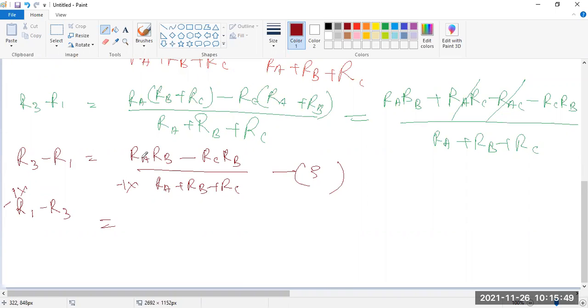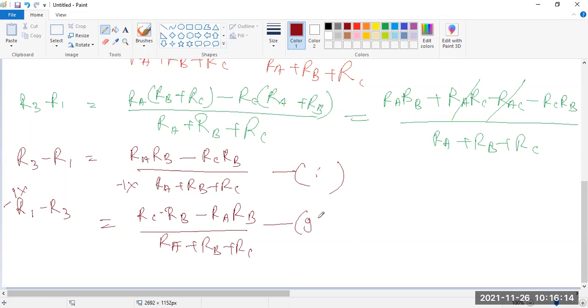This will come positive and this portion will become negative. So RC into RB minus RA into RB. You can see RA, RB, and that is RC. Give this equation number here, that is equation number G.